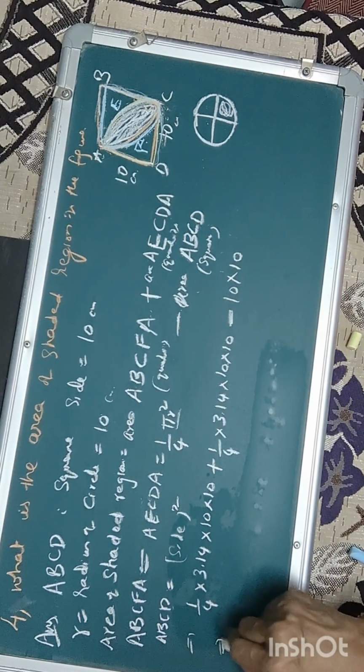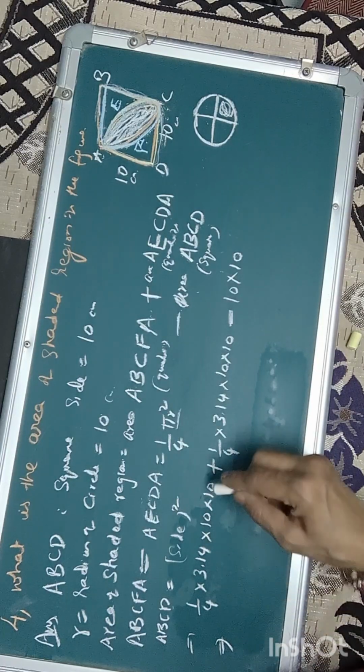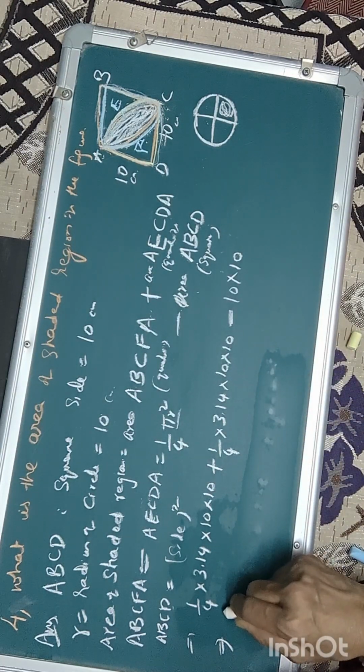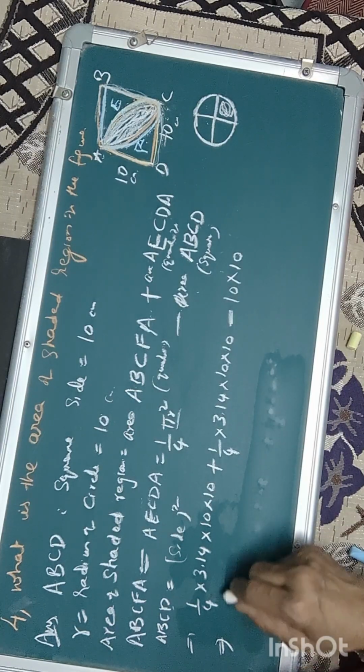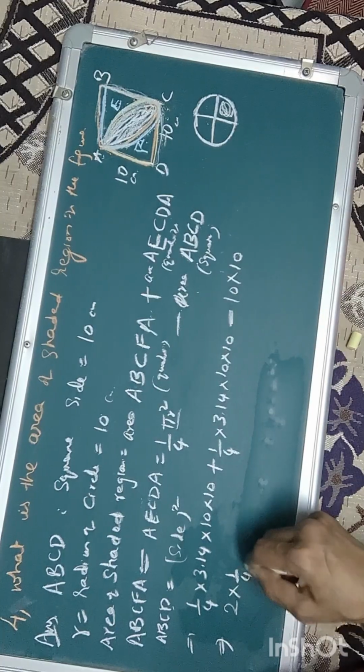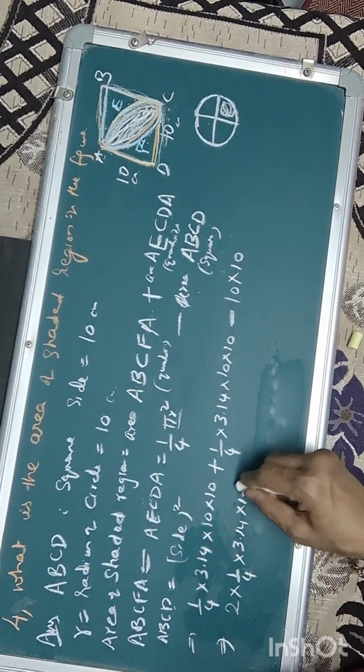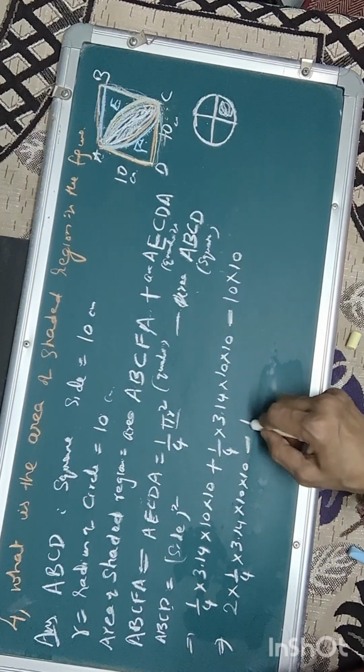So simplifying, we get 2 into 1/4 into 3.14 into 10 into 10 minus 100.